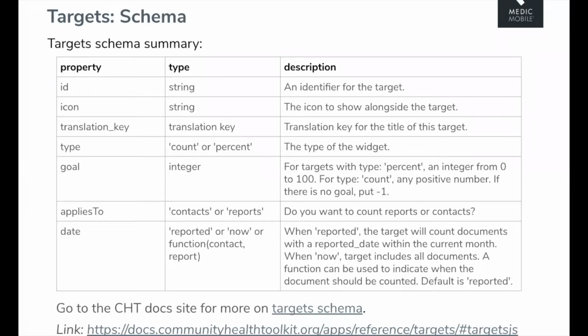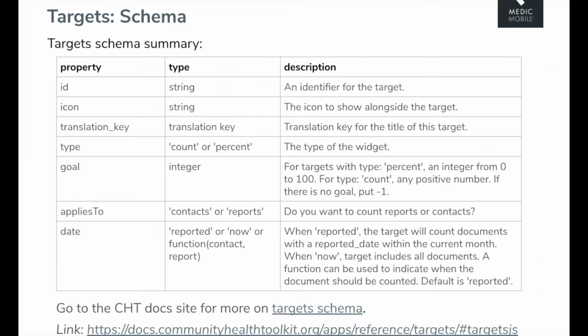You could also have an icon that is shown alongside the target. You have your translation key, something that's representative of the title of this target and will be substituted with the actual value of the title in the application. Right. And then you have your type, which could be count or percent, which we've just talked about.